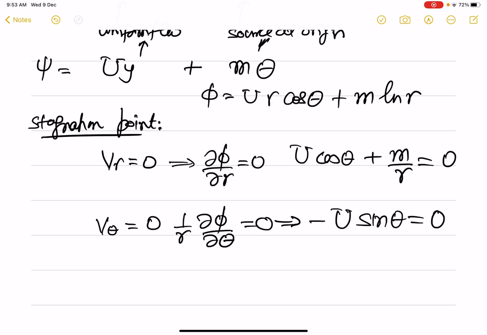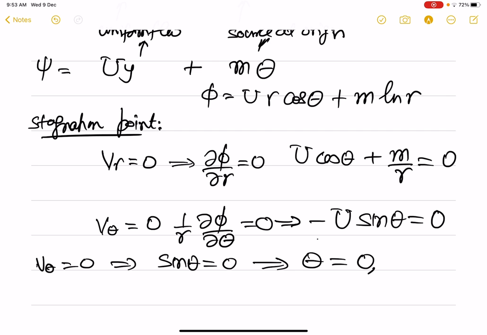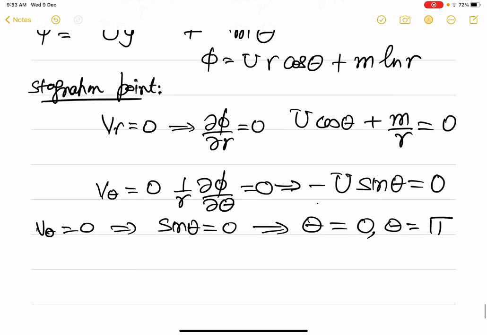So for v theta to be 0, sine theta is equal to 0, which will imply either theta is equal to 0 or theta is equal to pi.